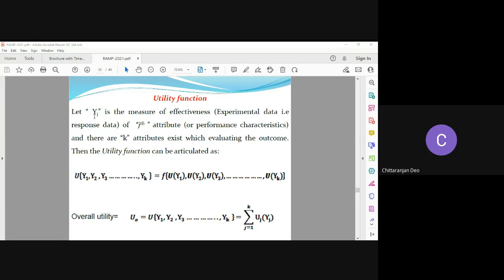Let us say Yj is the measure of effectiveness, the experimental or response data for the jth attribute or performance characteristic, and there are k attributes evaluating the outcome. The utility function can be articulated like this.